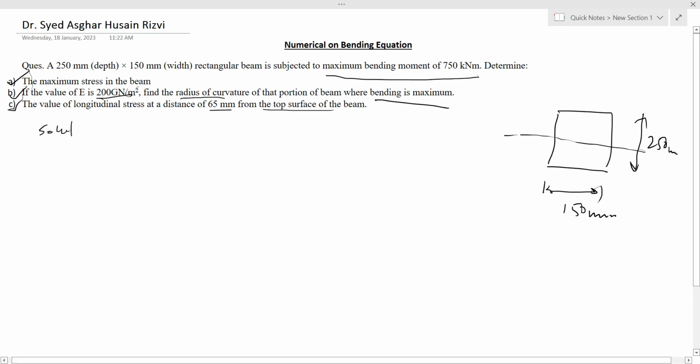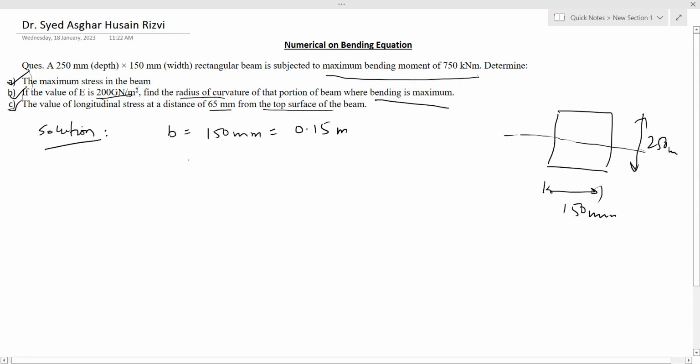Before starting the solution, we'll first write all the given things in the numerical. So we are given the width of the beam b equals 150 mm. Since all the calculations are in meters, we will convert it into meters and it will be 0.15 meter.